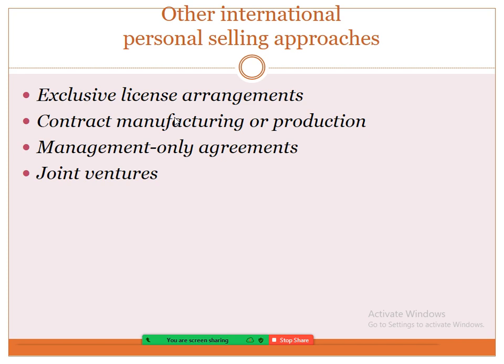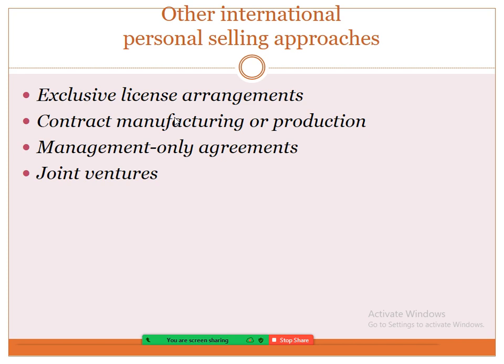For example, when Canada's regulatory agencies prevented US telephone companies from entering the market on their own, AT&T, MCI, Sprint, and other firms crafted a series of exclusive license arrangements with Canadian telephone companies.